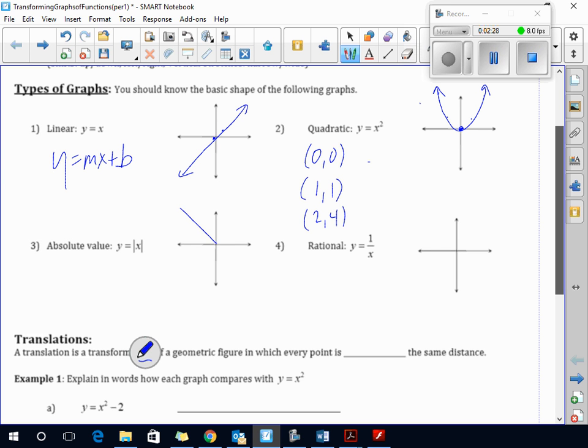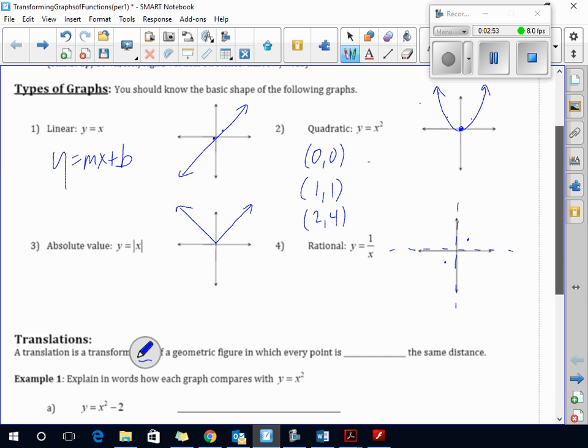Yeah, you have a vertical asymptote at the y-axis, a horizontal asymptote at the x-axis. It goes through 1, 1, and negative 1, negative 1, and you have a curved shape going like this, right? Remember that?